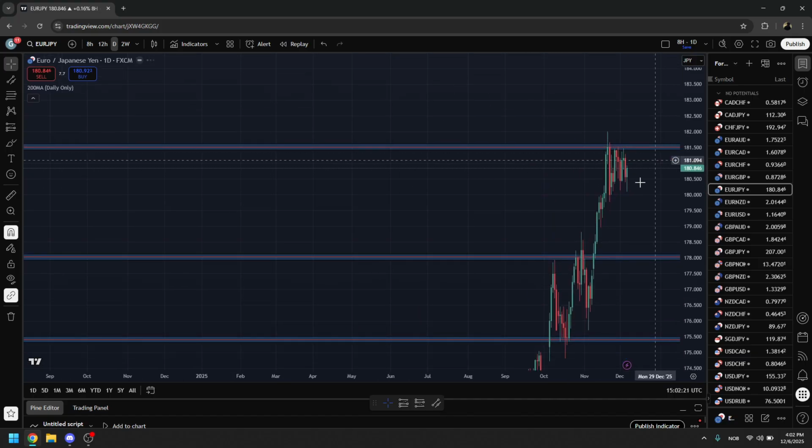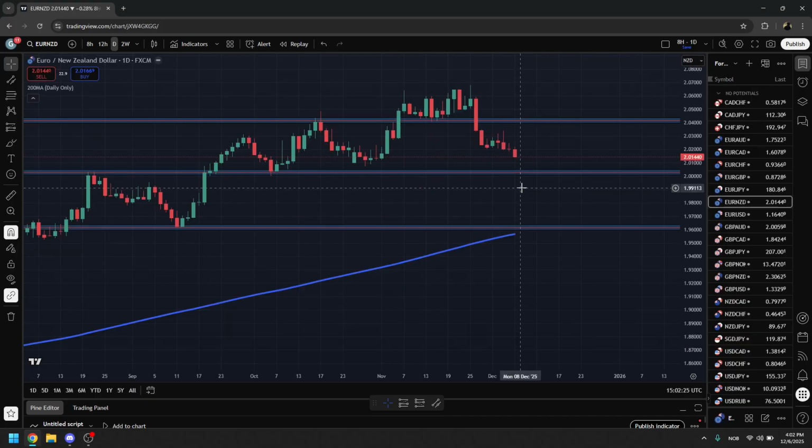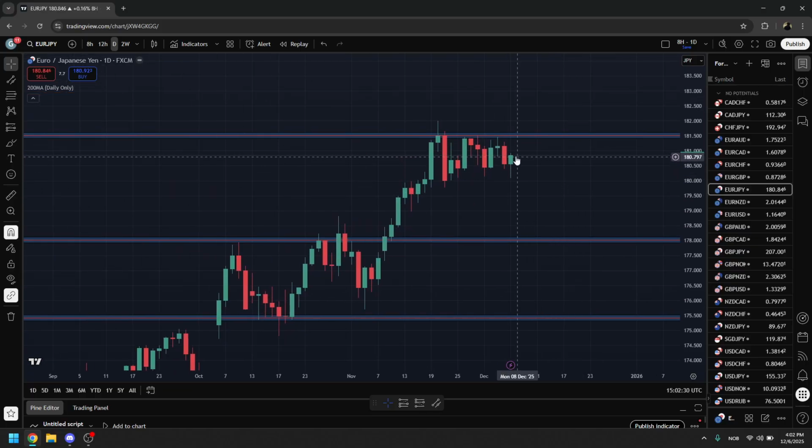So this pair looks stable as well, but it's untradeable with my strategy. Why? Because there is no continuation here. What am I supposed to do with this? There's no classic reversal. There's no raw reversal. There's no breakout. I don't see any setup here.